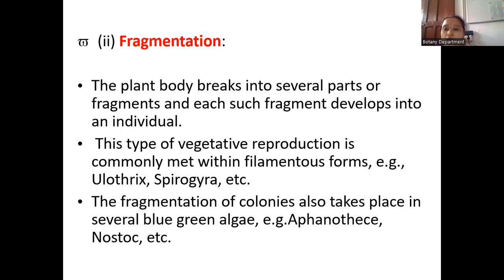In Chlorophyceae colonies, the cells have flagella and are motile. But fragmentation in colonies takes place only in Myxophyceae or blue-green algae members. The best example is Nostoc. Nostoc is also a colony, but here the non-motile form is present and flagella are totally absent.